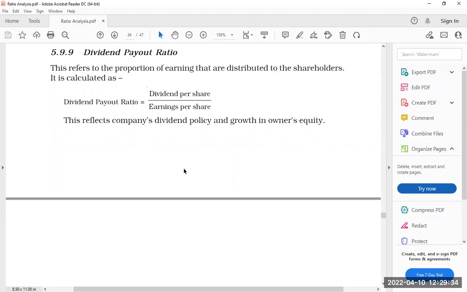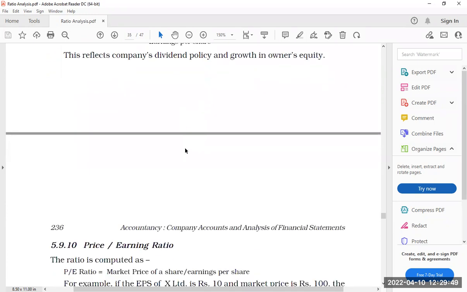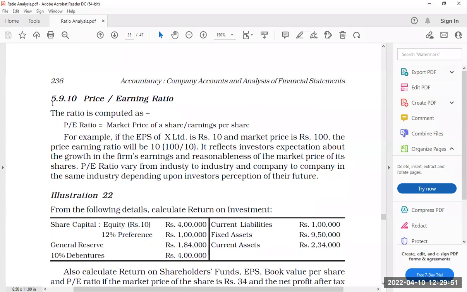Another one is dividend decision that's talking about how much you keep, how much you pay. Just keep this in mind. Next semester, you can discuss in detail with your other teacher who is going to teach corporate finance. Okay. So dividend payout ratio, retention ratio, this is a very, very important ratio.